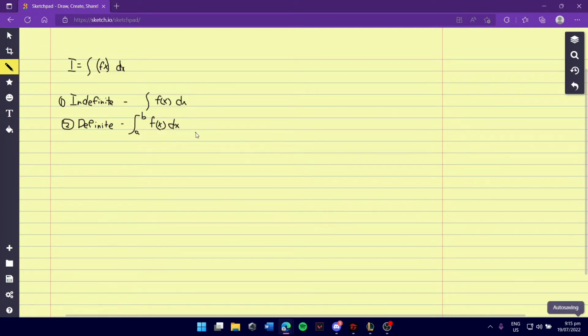So these are the two types of integrals.